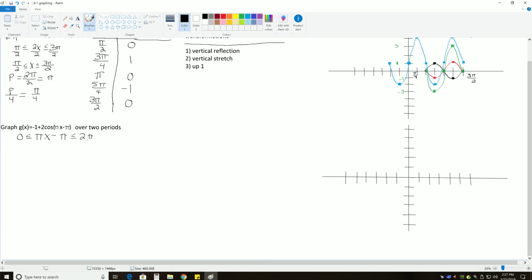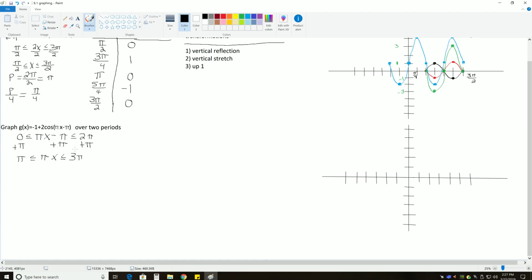Remember, we always use this interval when we're dealing with sine or cosine. So if we go about solving this, we're going to add pi to all three of these, which gives us pi is less than or equal to pi x, which is less than or equal to 3 pi.